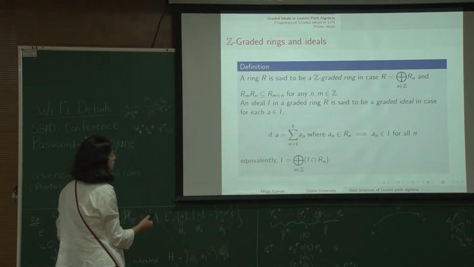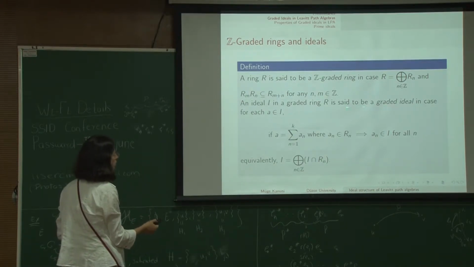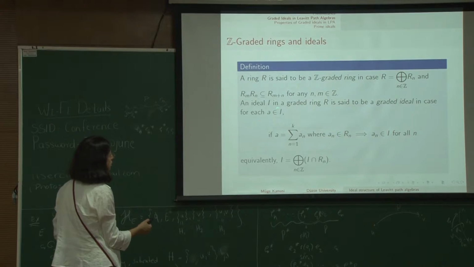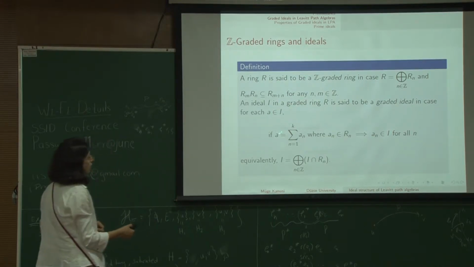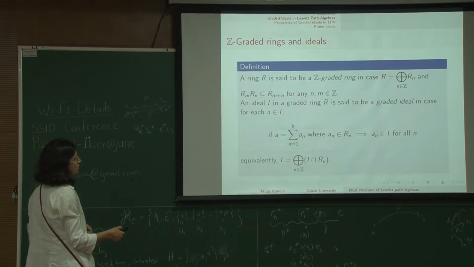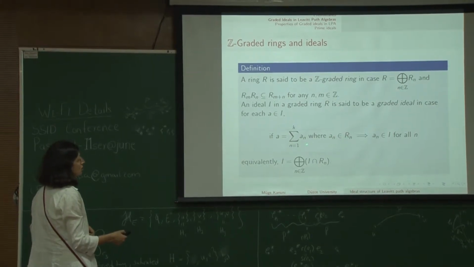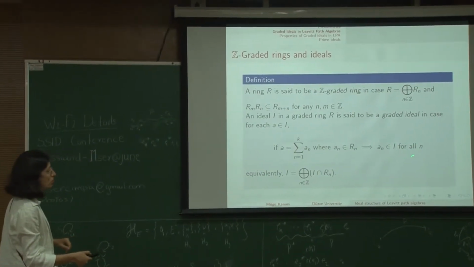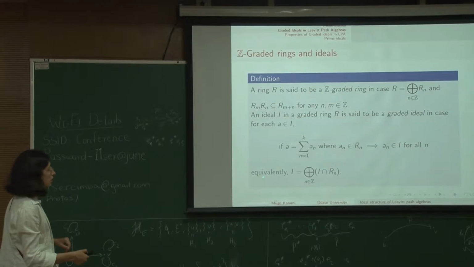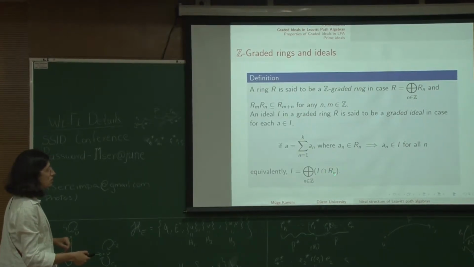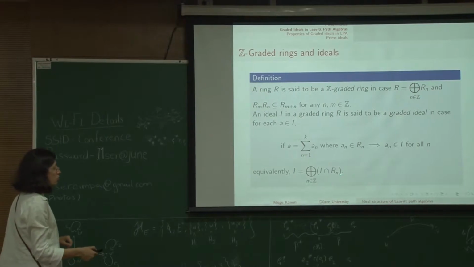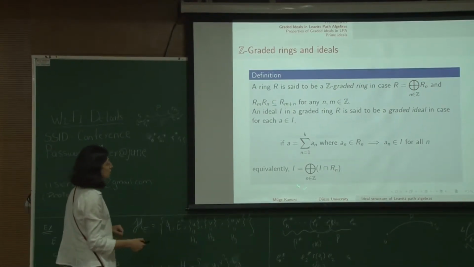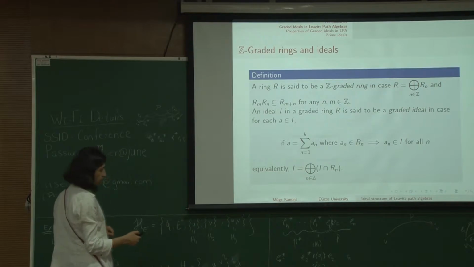An ideal is called a graded ideal in a graded ring if, whenever an element a of I is written as a sum of homogeneous components, then each homogeneous component is also an element of the ideal I. Or equivalently, you can say the intersections of I with the R_n, the homogeneous parts, constitute the whole ideal.